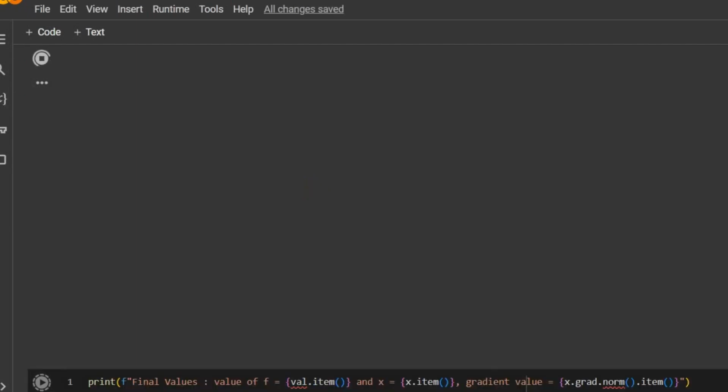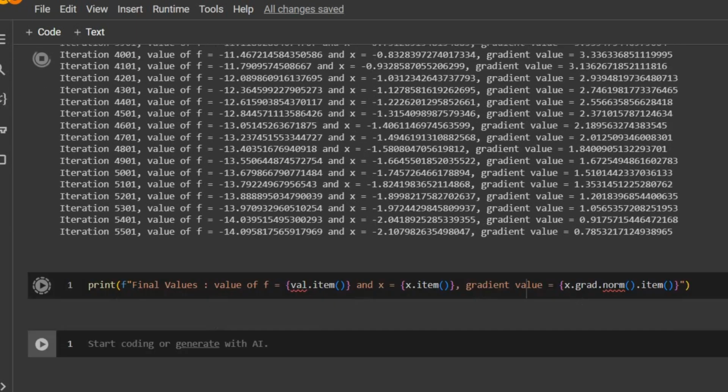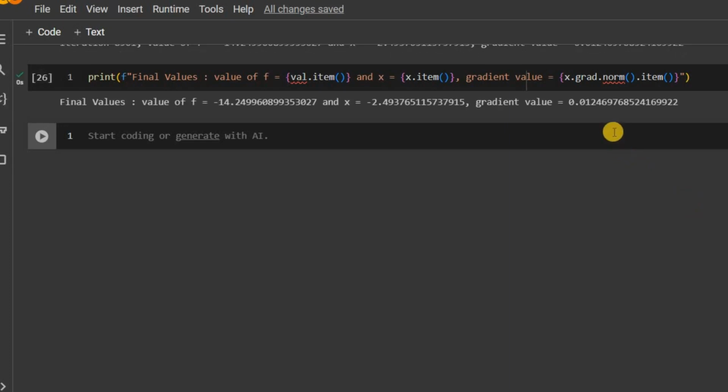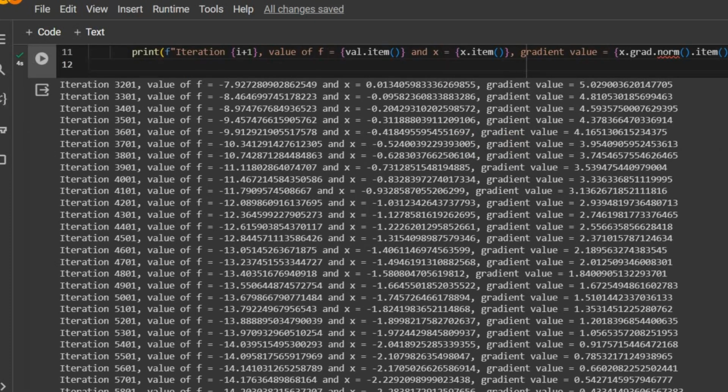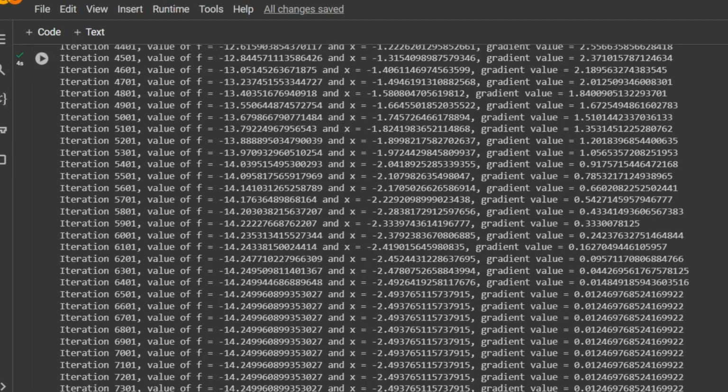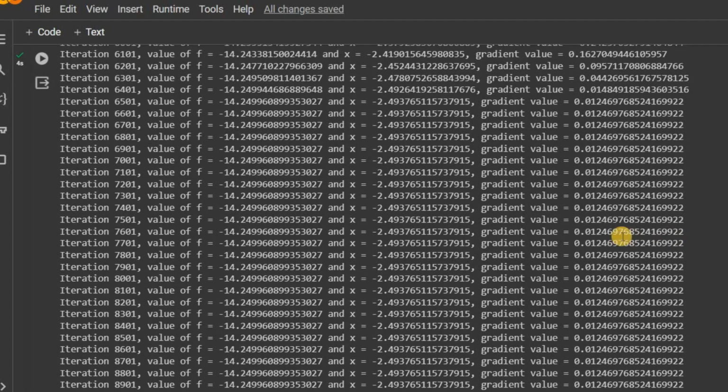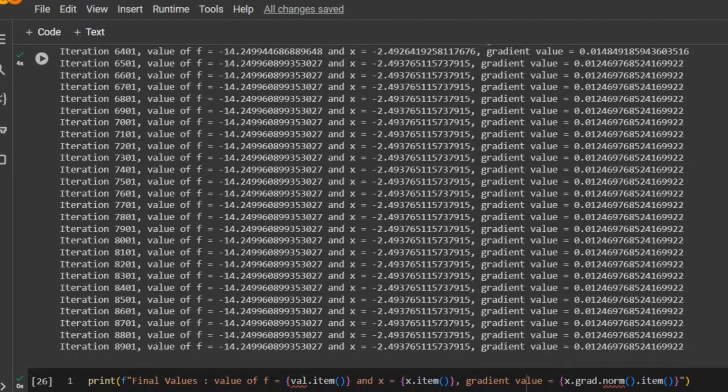And let's see what final values we are getting right now. So we get kind of the same value. I think the value stabilized a bit over here, and it didn't reduce further. We can use something like a learning rate scheduler over here, which we will be discussing much later in the subsequent classes.